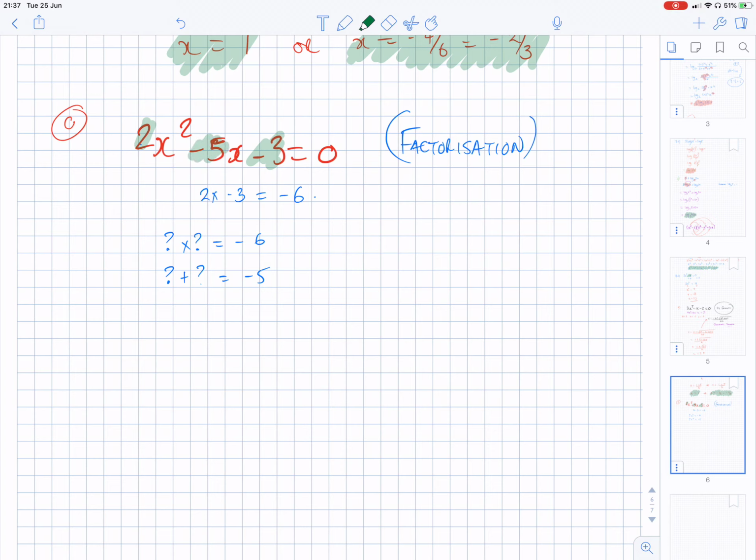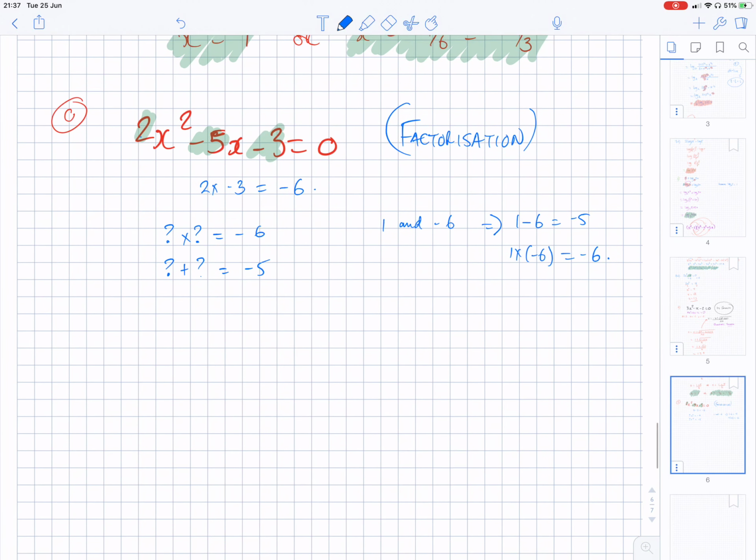That is the formula that we use. So what two numbers do we need? What factors of minus 6 do we have? We can do 1 and minus 6, because 1 minus 6 is minus 5, and 1 times minus 6 is minus 6.